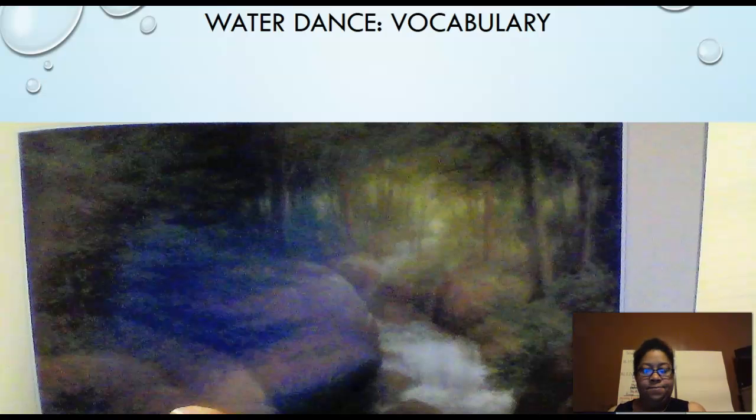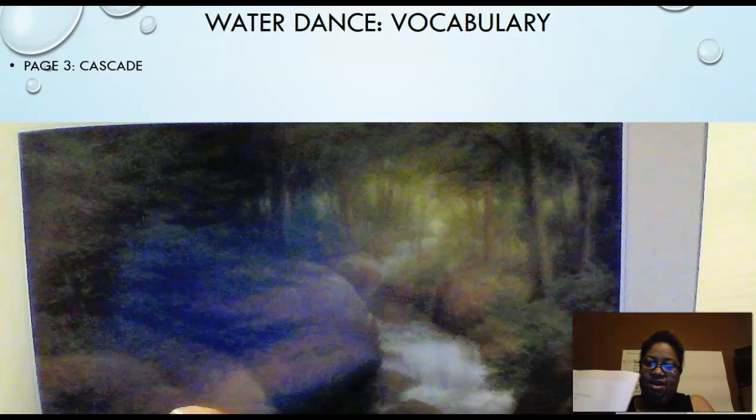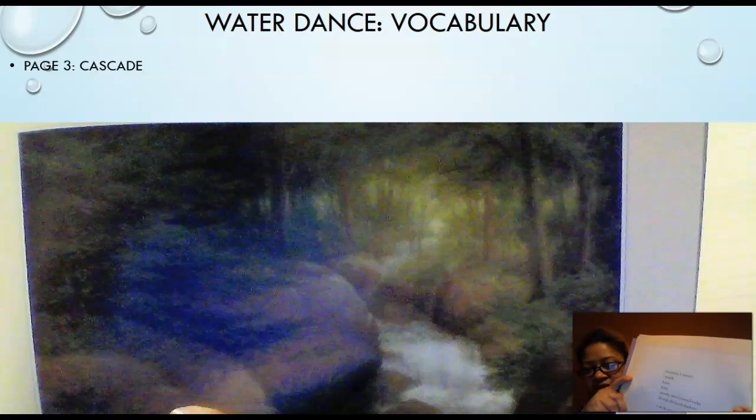Okay, let's see. All right, so now the first page that we're going to is page 3, and the word that we're looking at is the word cascade. I don't know if you can see this very clearly or not, but this is the text.